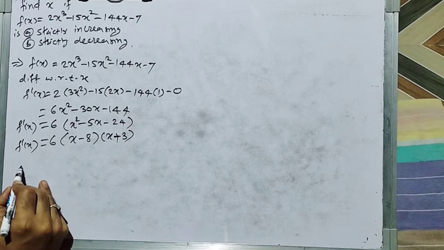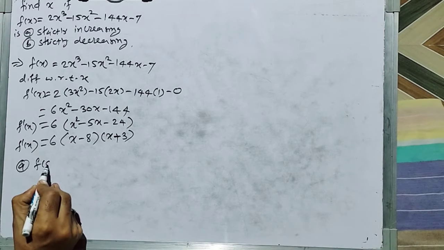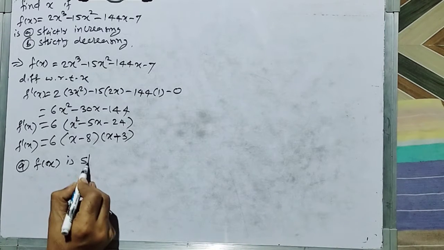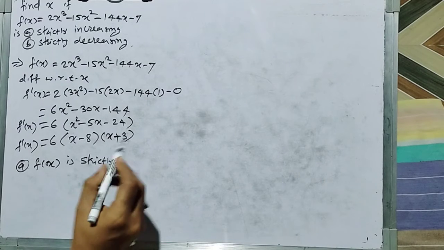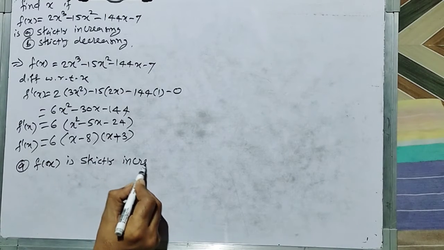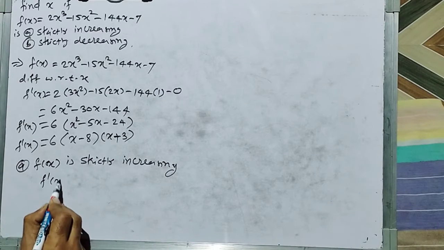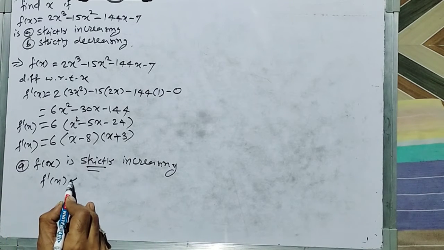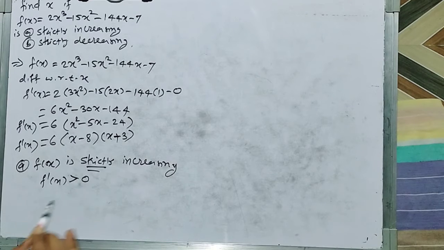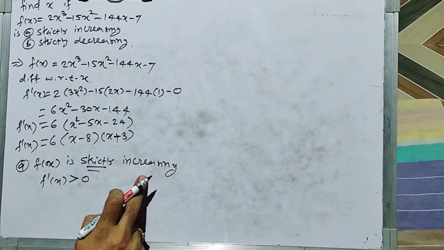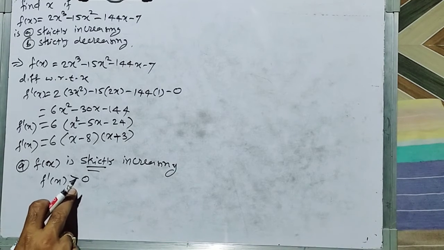So here first one, f of x is strictly increasing. It means here f dash of x strictly increasing means greater than 0, and only increasing means greater than or equal to 0.